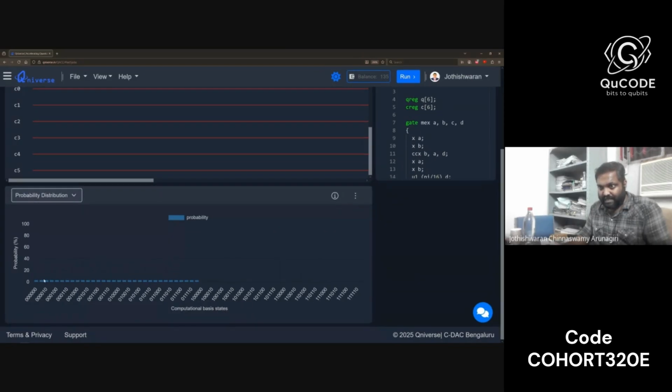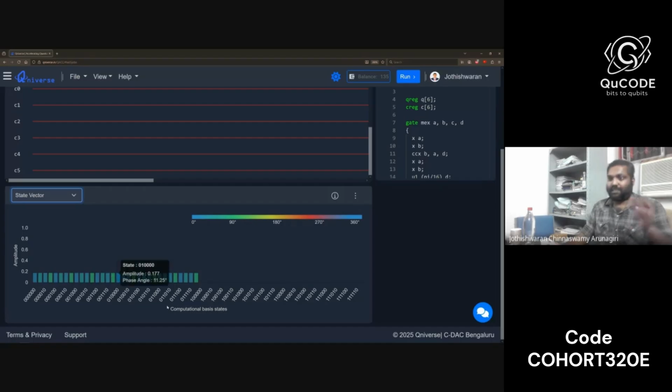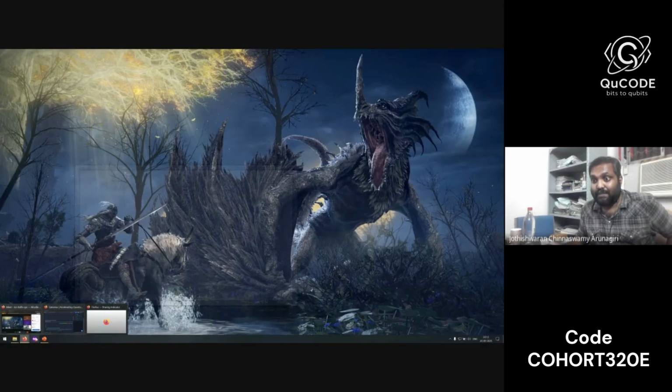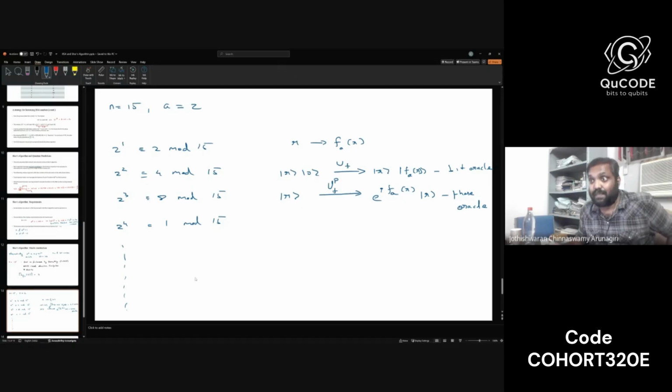So I hope you can see this. All these probability values are all, let me make this a state vector. Yes, this is better. So now notice there is a temperature plot for the angle. You can see that the pattern repeats every 4 times. I have a green bar here. I have a green bar exactly 4 after that, exactly 4 after that, exactly 4 after that. So this tells me that this periodicity is being followed essentially.